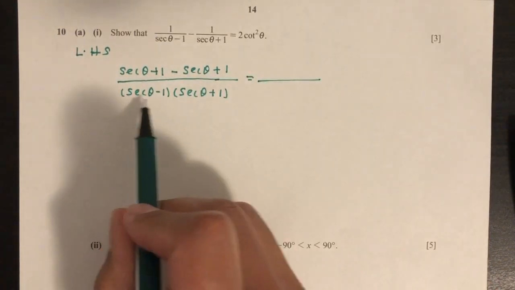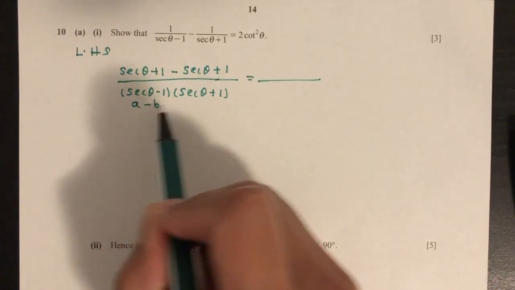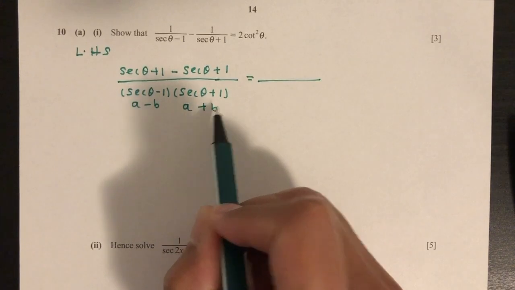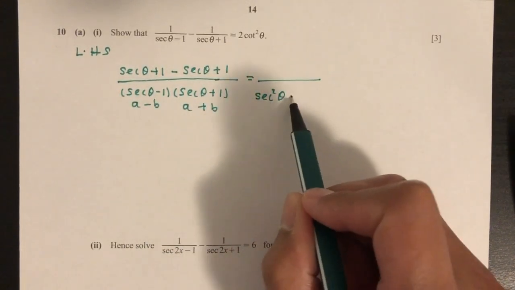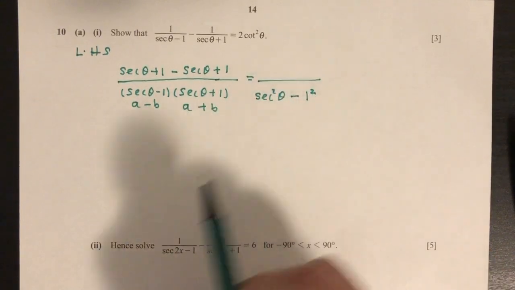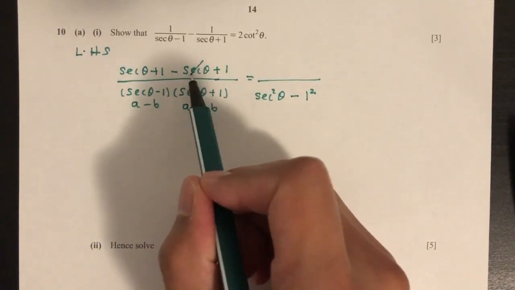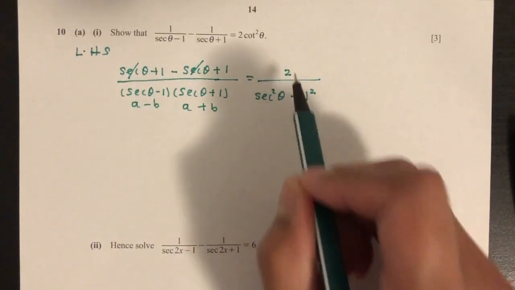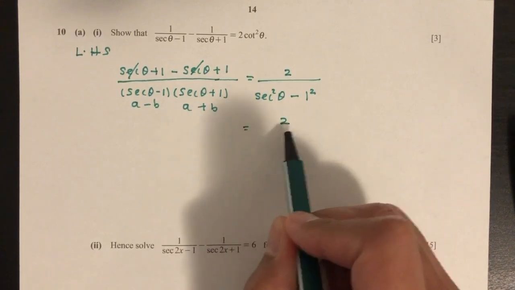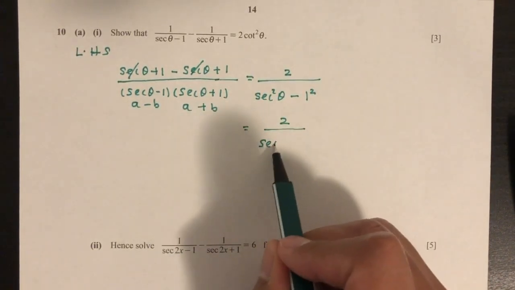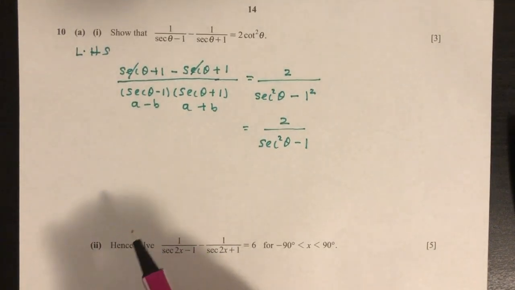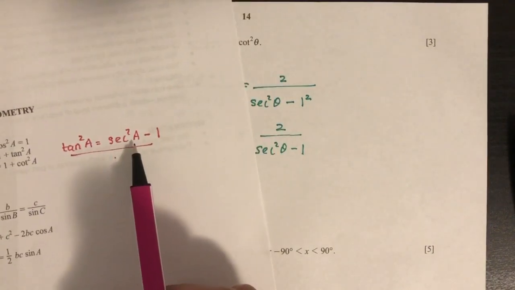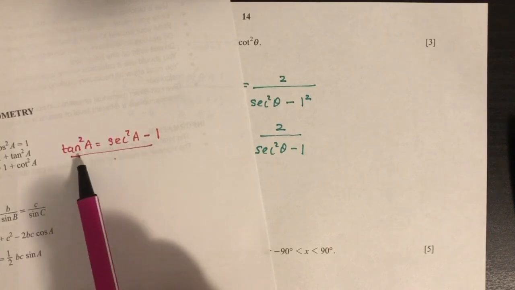As you can see here, this is just like a minus b times a plus b. So it becomes a squared, which is sec squared theta minus 1 squared. This goes away, so 1 plus 1 is 2. So here we have 2 over sec squared theta minus 1. From the list of formulae that we have, we must know that sec squared a minus 1 is equal to tan squared a.